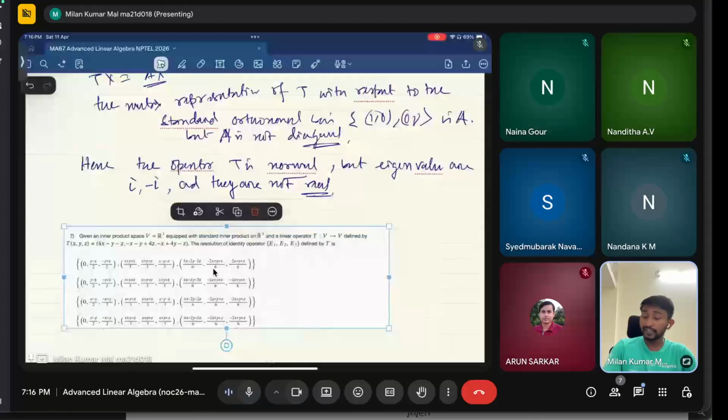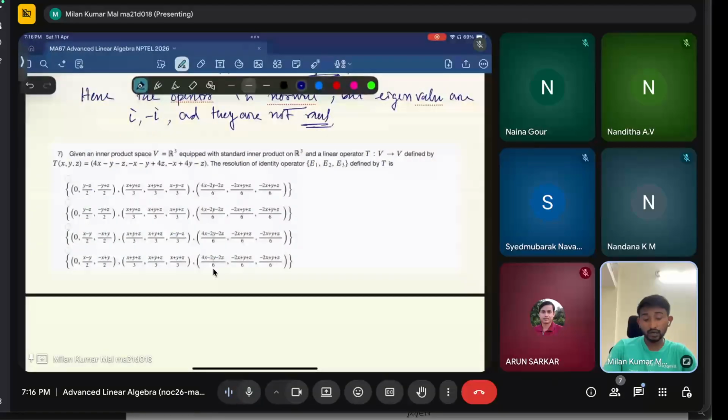Resolution of identity is the expression of the identity in terms of three operators E1, E2, E3.